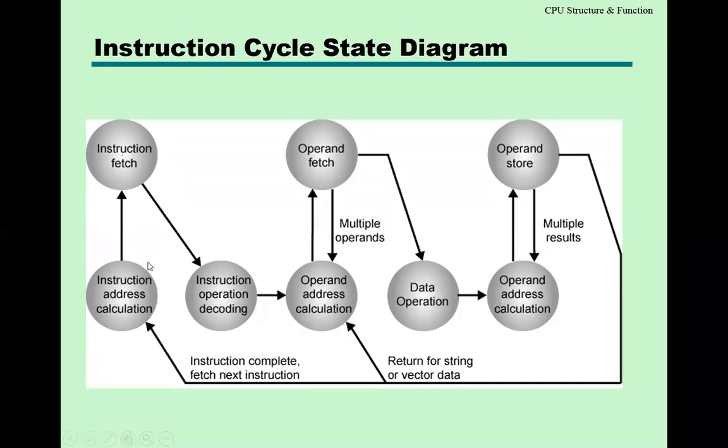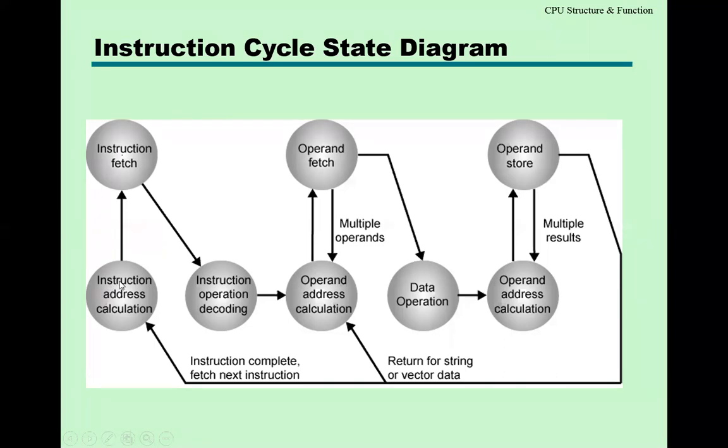Here the first step is instruction address calculation, because PC is holding an address, MAR is also holding an address, right? So first we have to calculate the address, at which location the instruction is, the first instruction address. So that instruction address is calculated at the beginning.